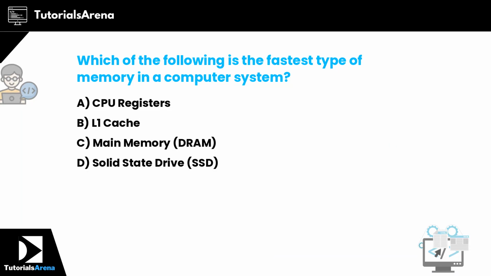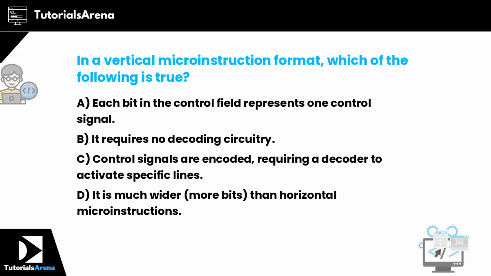Which of the following is the fastest type of memory in a computer system? The correct answer is option A, CPU registers. In a vertical microinstruction format, which of the following is true?